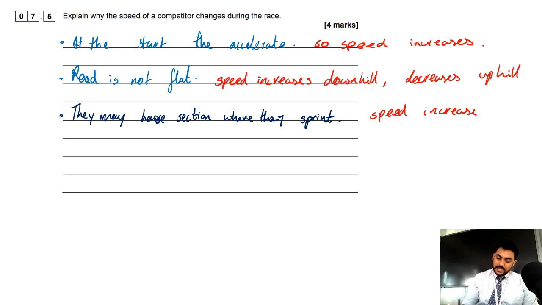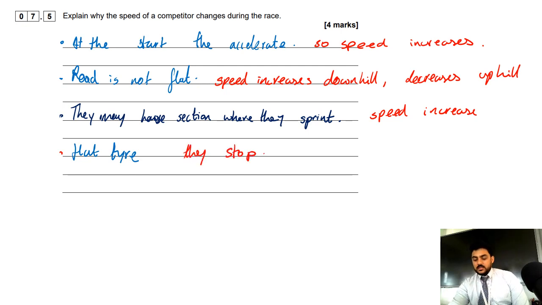They might get a flat tire, or a puncture. Oops, wrong color scheme. Flat tire. If they get a flat tire, what happens to their speed? They stop. Alright, there's a lot more things that you could say, but these are some things that might get you the marks.